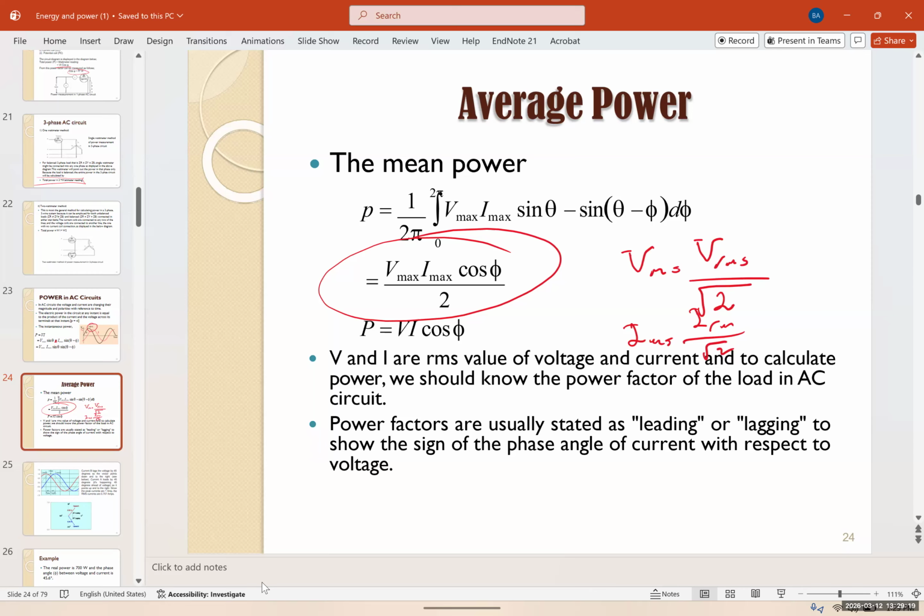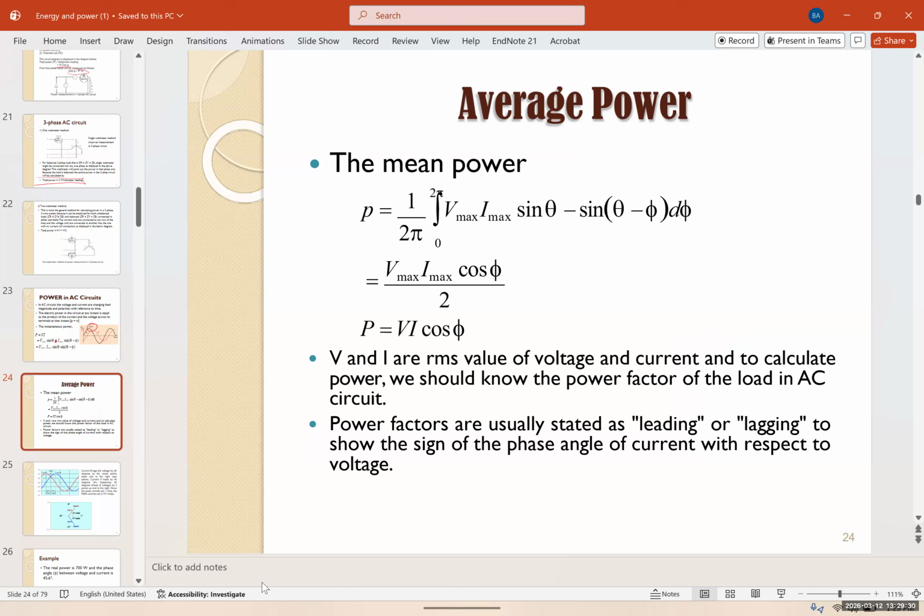So if I multiply these two, what do I get? I would eliminate the divide by 2, so I get VI cosine of phi. Now V and I are RMS values of voltage and current, and to calculate power, we should know the power factor of the load in an AC circuit.